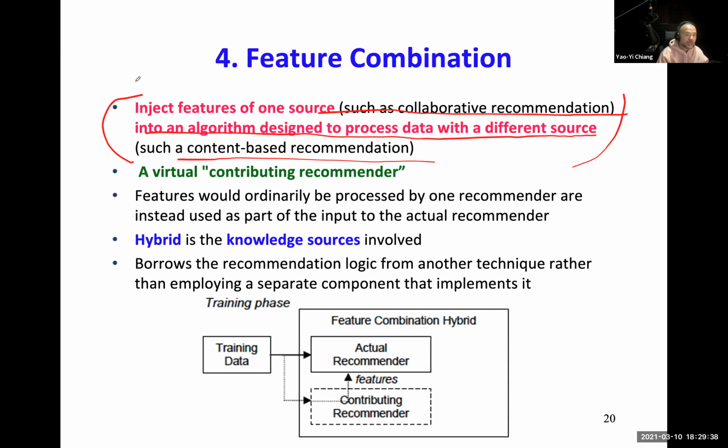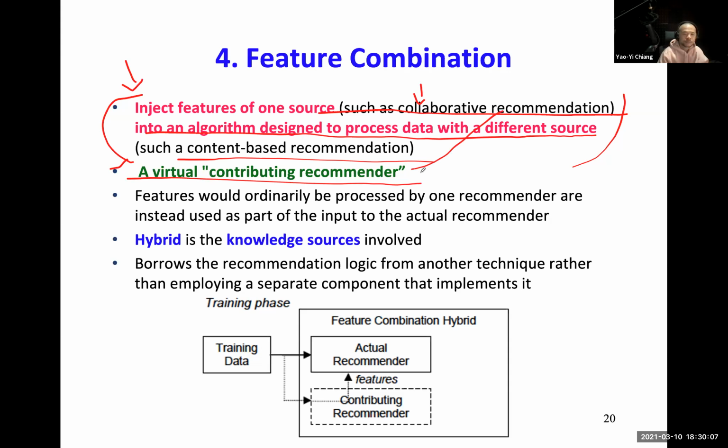So for example, your content-based system usually works on some explicitly defined content features, right? TF-IDF words, colors, price, but you can actually use your CF recommendation system to generate some features and use that as the content to describe items, then use a content-based system to make the final recommendation. So that's why we call this a virtual contributing recommendation system or recommender.